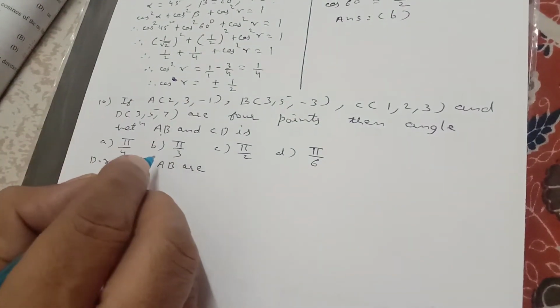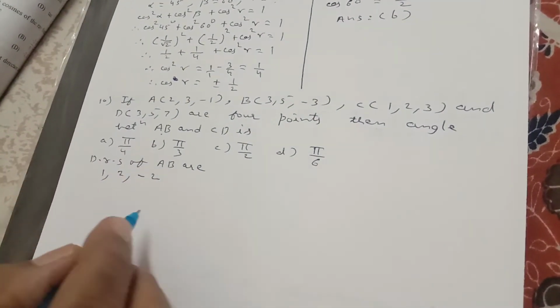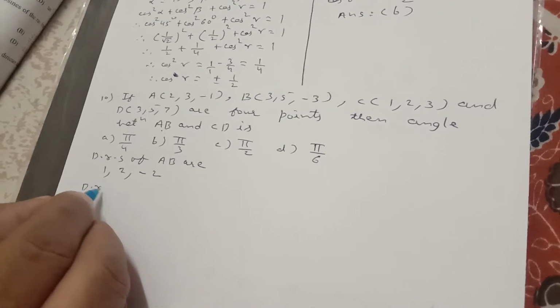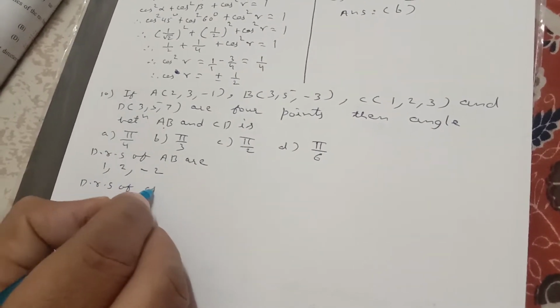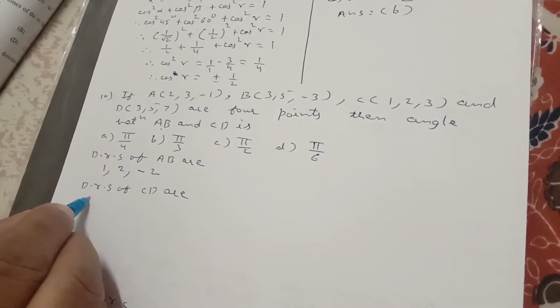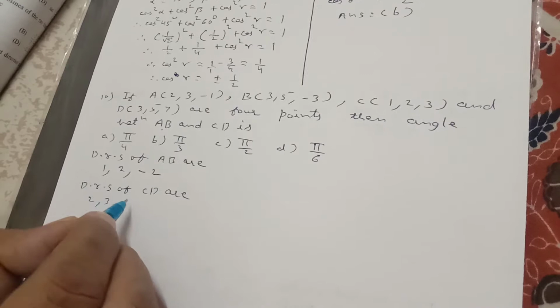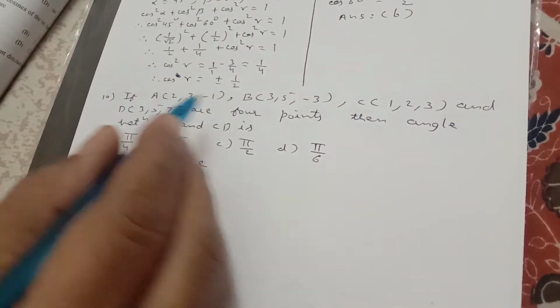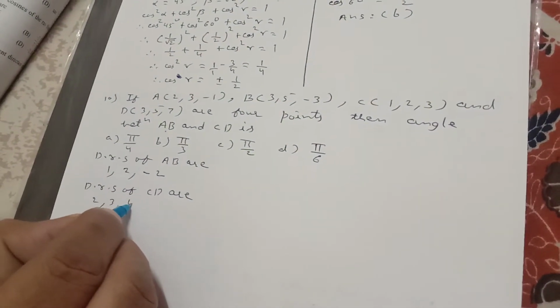Minus 3 minus minus 1, minus 2. Then direction ratios of CD. 3 minus 1, 2. 5 minus 2, 3. 7 minus 3, 4.